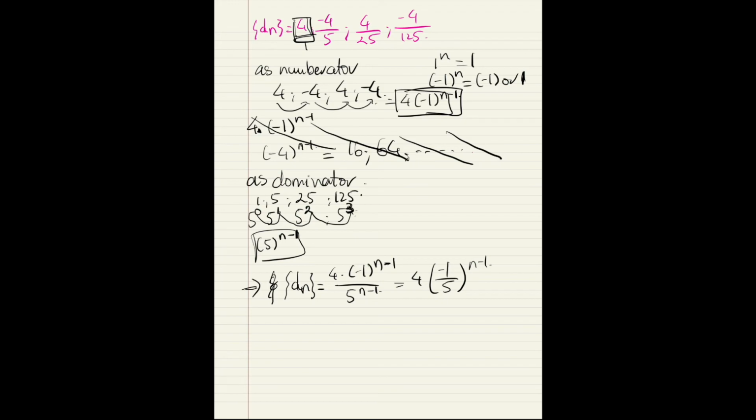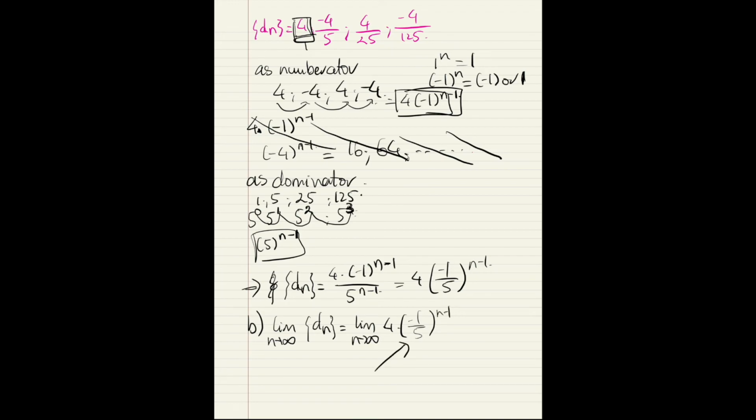Okay, so some of you are going to ask about the limit as n goes to infinity of dn, which is the limit as n goes to infinity of 4 times -1 to the n over 5 to the n minus 1.